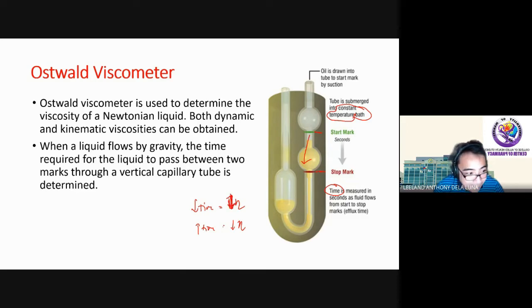Less time it takes to go down from this point to this point, less time means our fluid is less viscous. And class, if the time is high, indicating that it's more viscous. So are we clear? The more time it takes for the fluid to go down to the stop mark, the more viscous. Sorry, I said it wrong earlier.